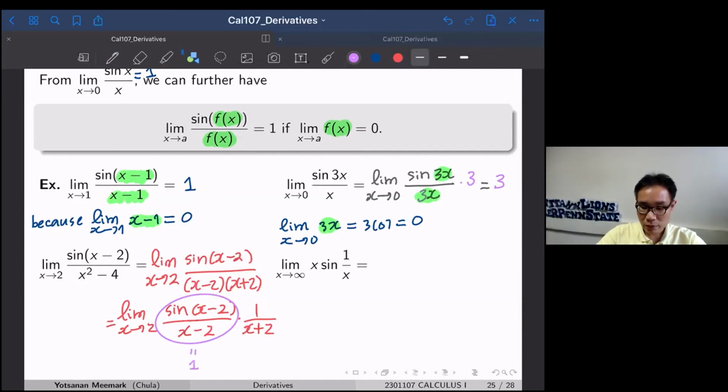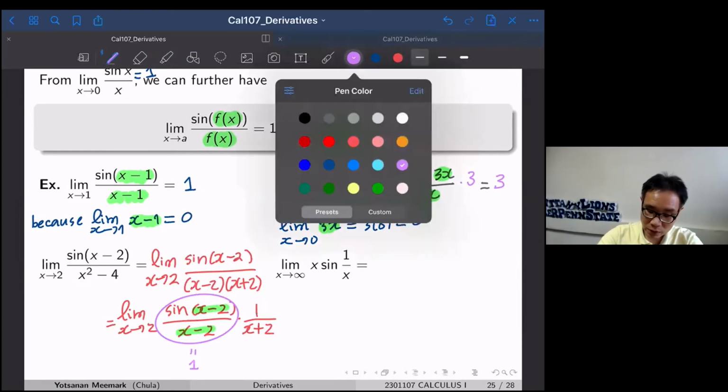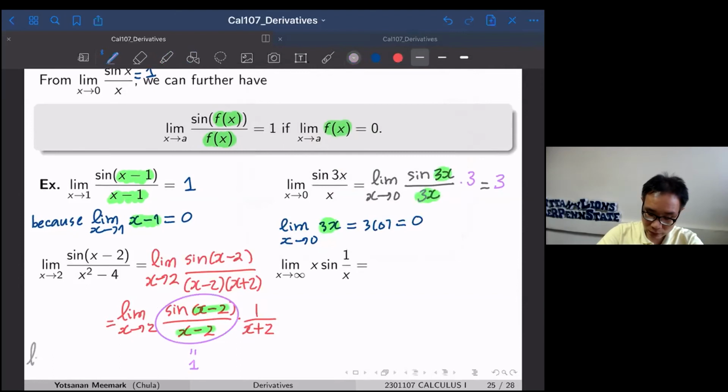This limit turned out to be equal to 1 because you have the green one here, and the limit of the green one turned out to be equal to 0. Okay, limit x goes to 2 of x minus 2 is equal to 0. So in this case, it's going to be 1, and this limit is equal to 1.